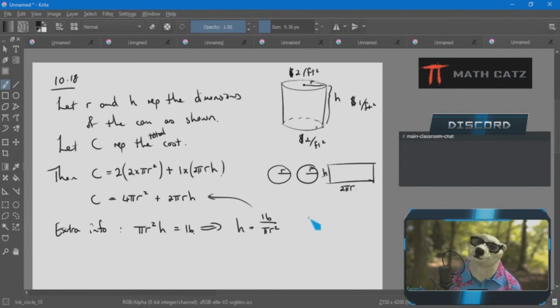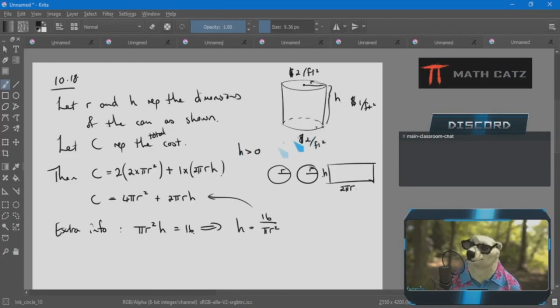Now I didn't do my practical restriction considerations yet. It's very similar to before. What are the two extremes? I can either have a super flat can, but because I have a volume that's fixed, it's going to have to be very wide. So h is going to be potentially close to 0, but it can't get to 0.